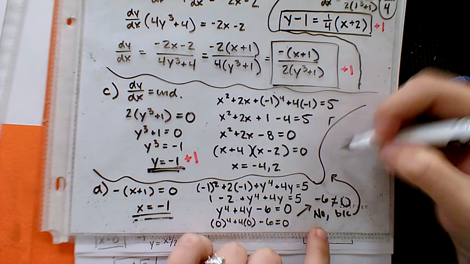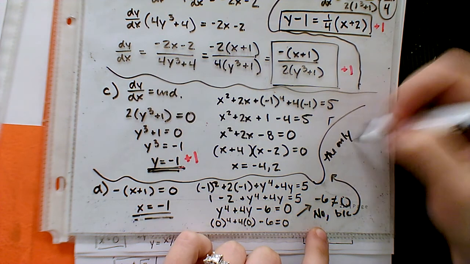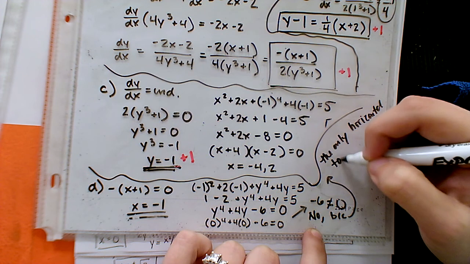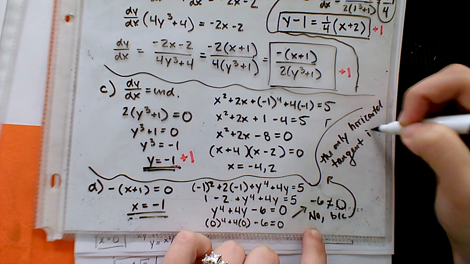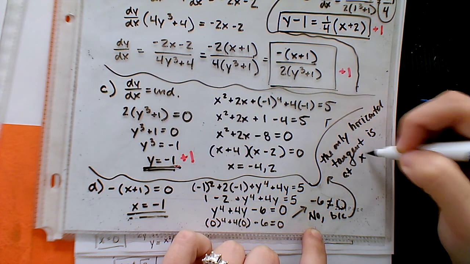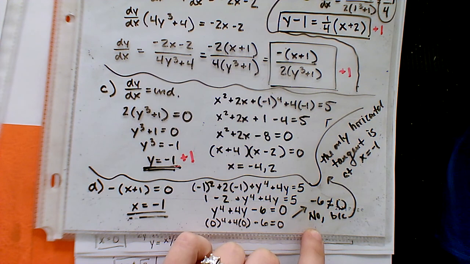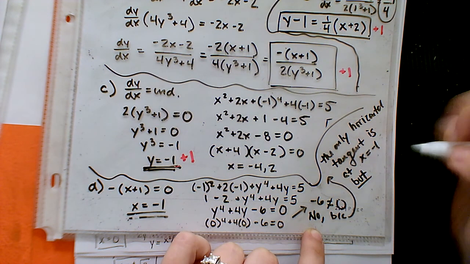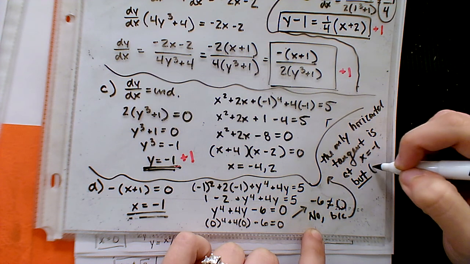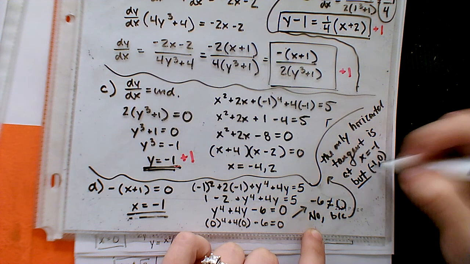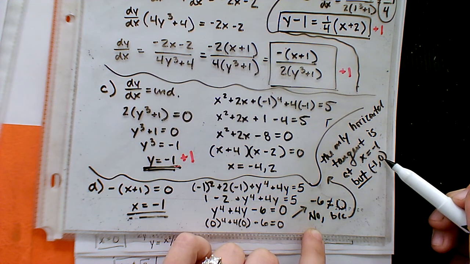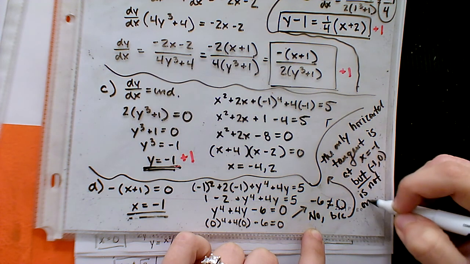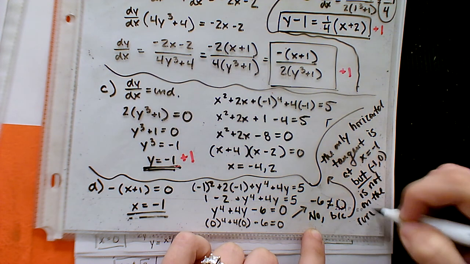No, because the only horizontal tangent is at x equals -1. But the point -1, comma 0, okay, x value, y value, is not on the curve.